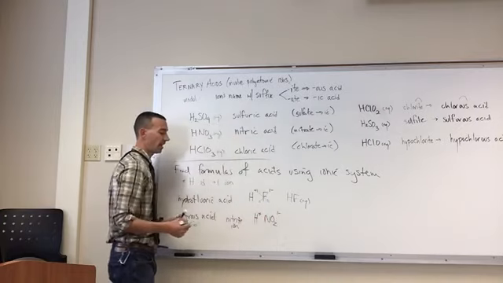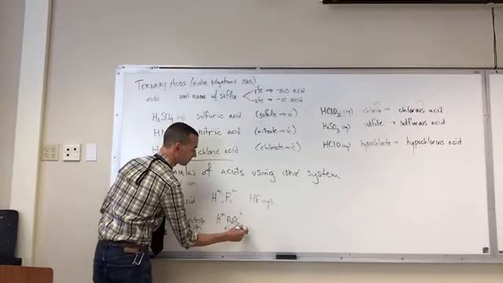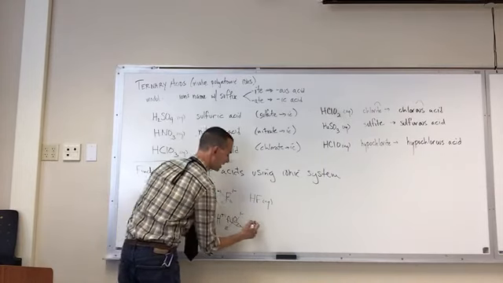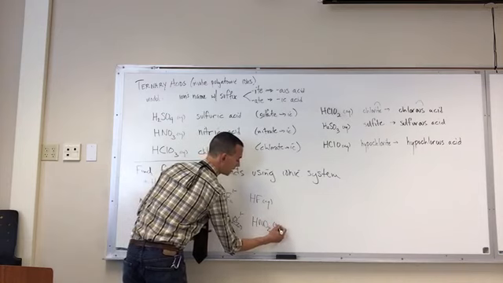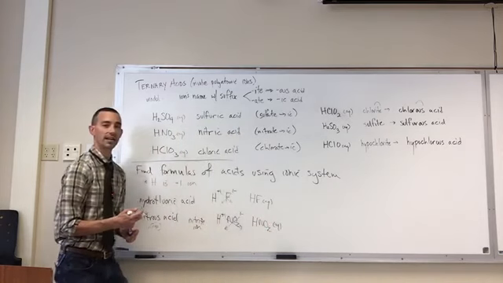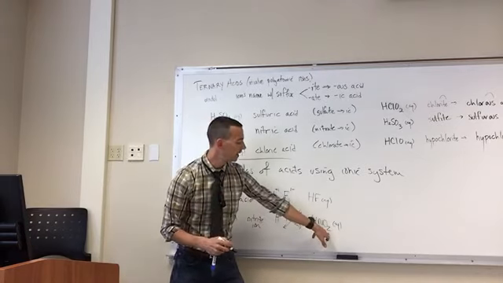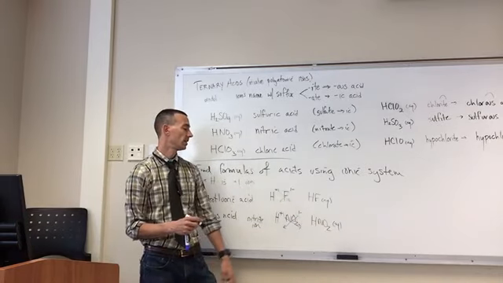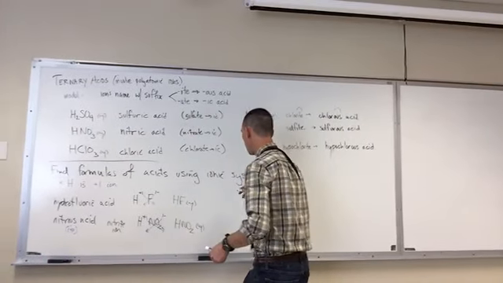All acids have H1 plus. So we switch those down, and we end up once again with HNO2 then, aqueous. Again, no parentheses would be needed here because there's only one unit of the nitrite there. Okay. One more.